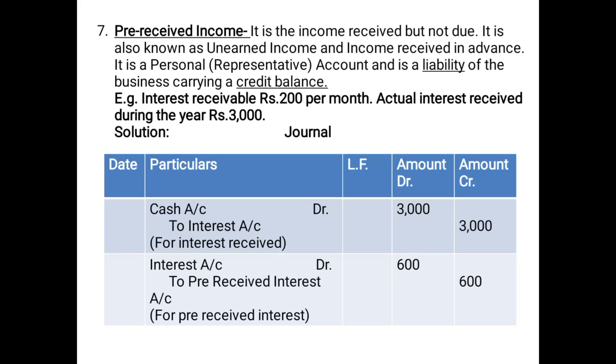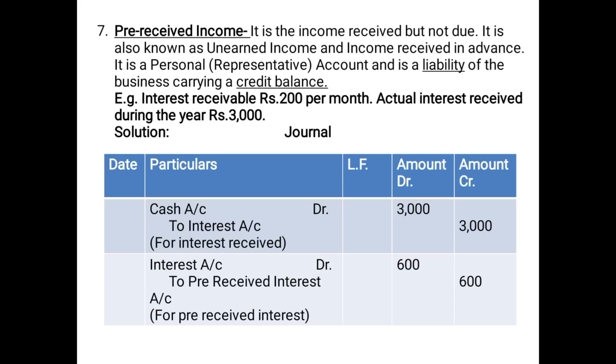And always pre-received income is a liability and it will carry a credit balance. So as you can see here, it is the income received but not due. It is also known as unearned income or income received in advance. There are three names: pre-received income, unearned income, or income received in advance. It is a personal representative account and is a liability of the business carrying a credit balance.